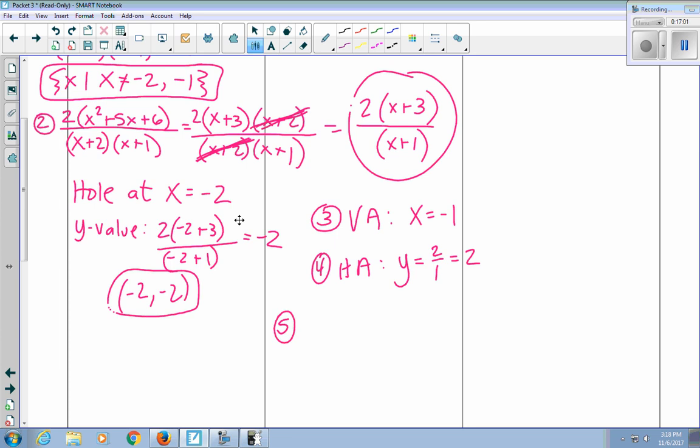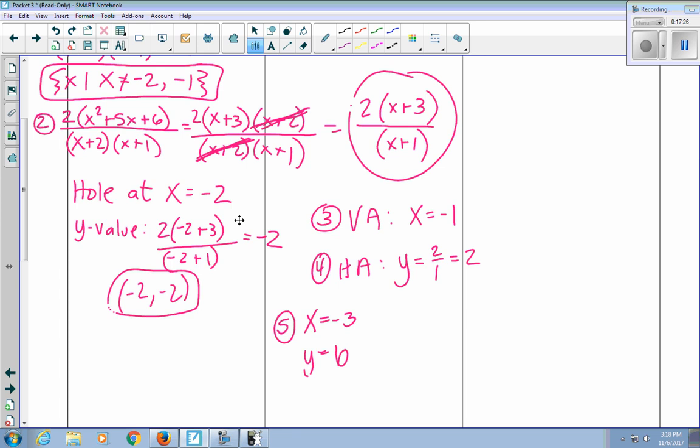Step 5 is x and y intercepts. X-intercepts happen when the numerator of the reduced function is 0, so that happens at x equals -3. And y-intercepts happen when you plug 0 in. So if I put 0 in, I get y equals 6 over 1, so y equals 6.